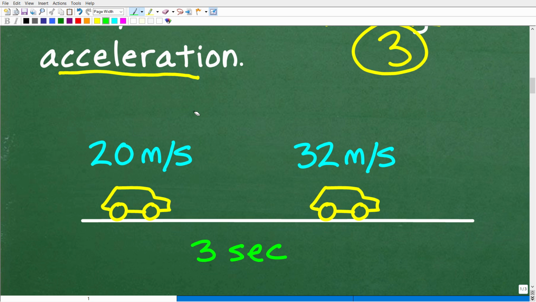Well, I could have used miles per hour, or kilometers per hour, but meters per second is just going to be a nice unit of measure to use for this nice basic physics problem here. So this car is going 20 meters per second, and it's speeding up to 32 meters per second over a period of time of 3 seconds.